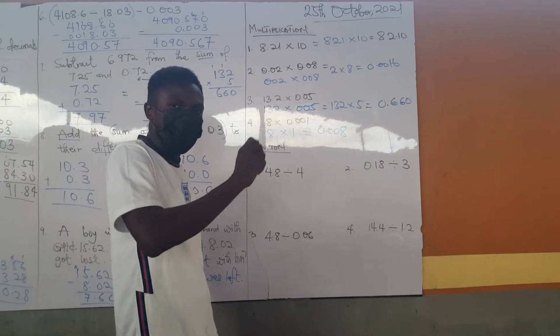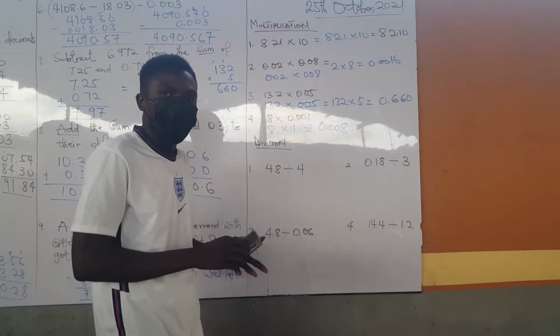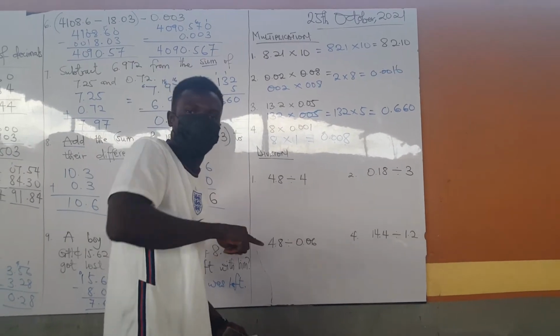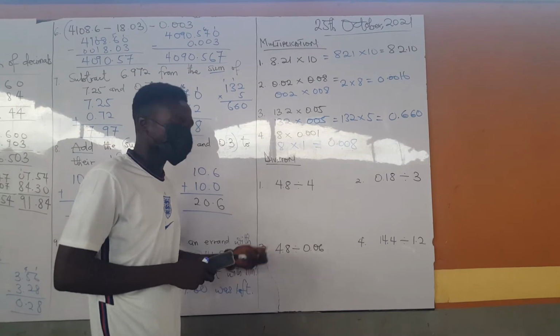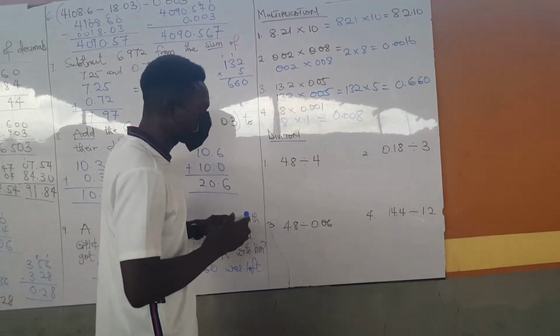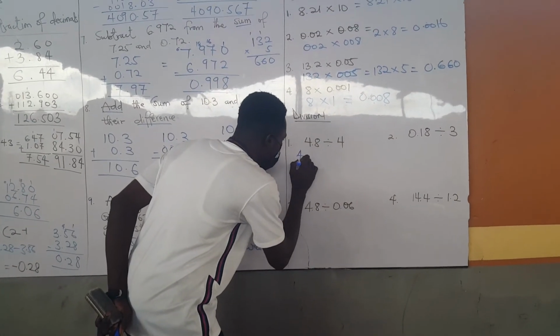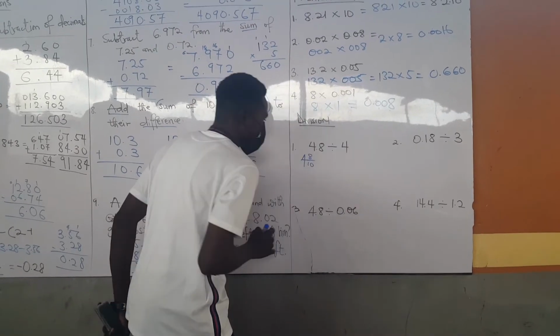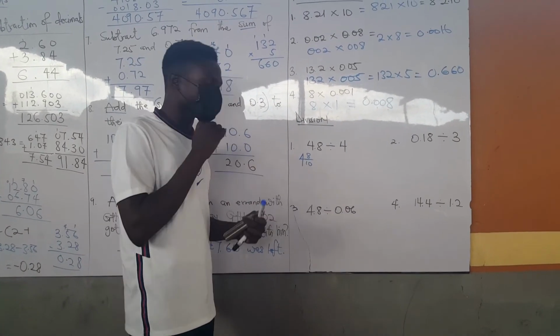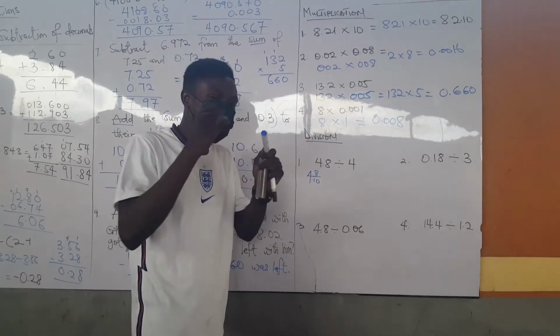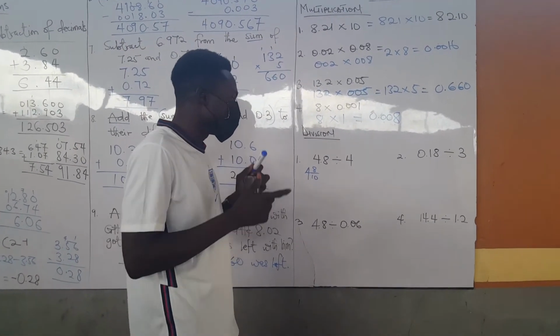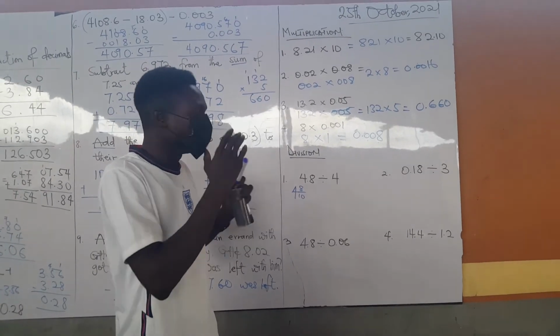Look for the decimal and change it into a common fraction. Changing this into a common fraction will give me 4 whole number 8/10. We talked about this in our previous video, so you can visit the page and look for decimals. That is how to change from one to the other.